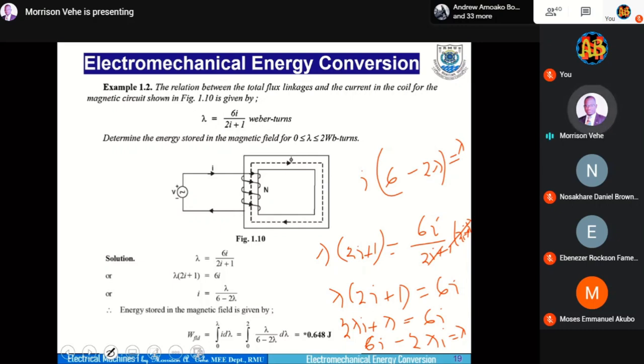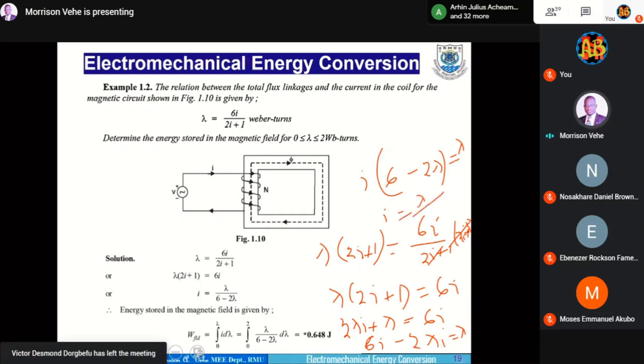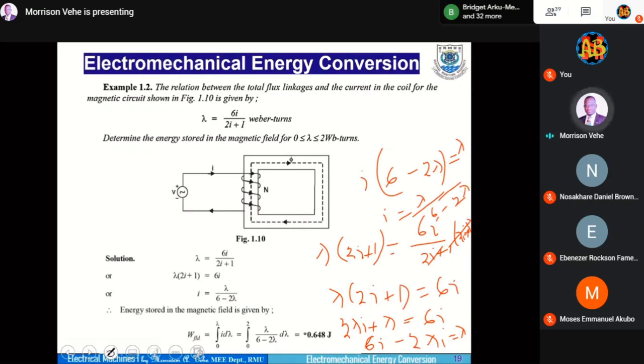So what we just want is i. We make i the subject by dividing, so we have lambda divided by 6 minus 2 lambda. When you are done, in terms of lambda, you would want to use the given expression.